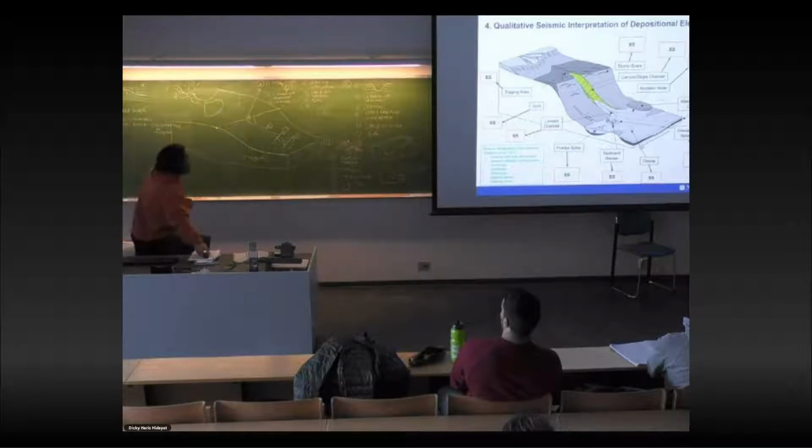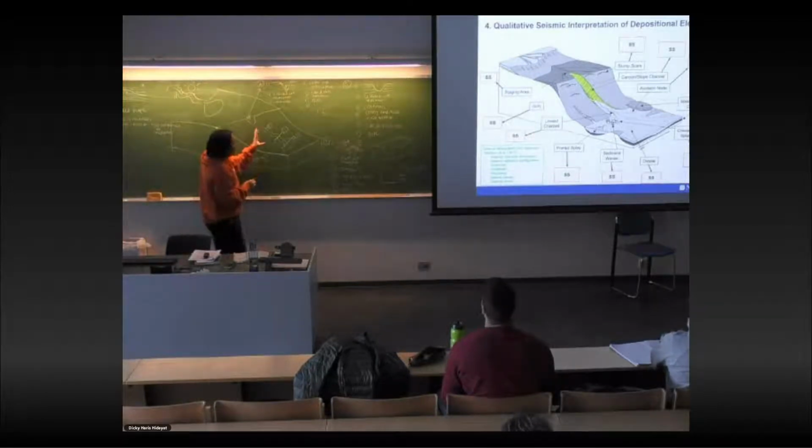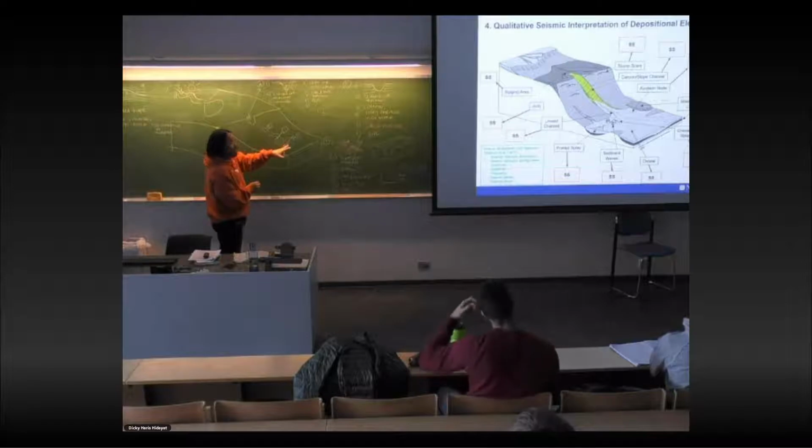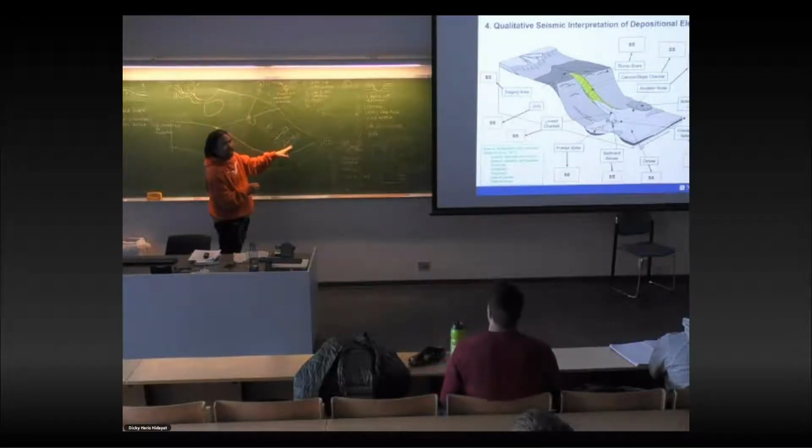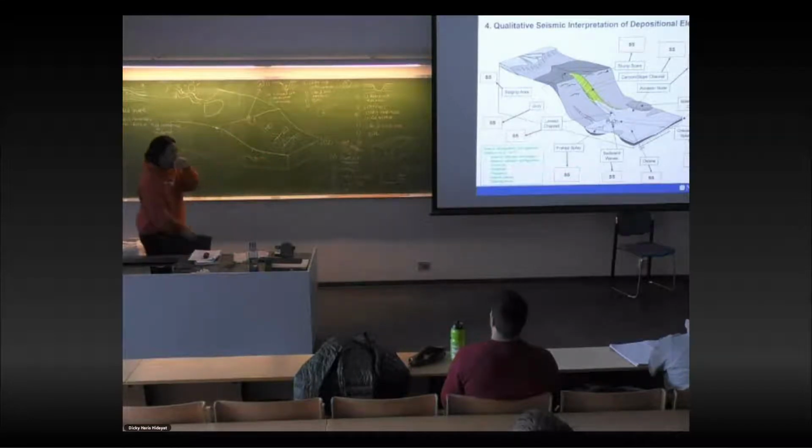And also in this submarine fan, normally the grain is much finer than the channel, because this is the more distal part, so the grain is much finer compared to the channel. So we can say in the amplitude, this one is low to high amplitude.